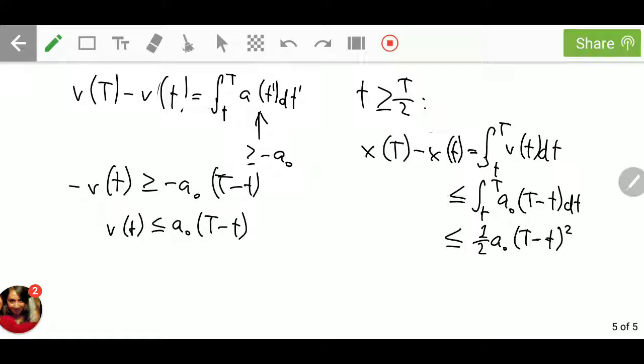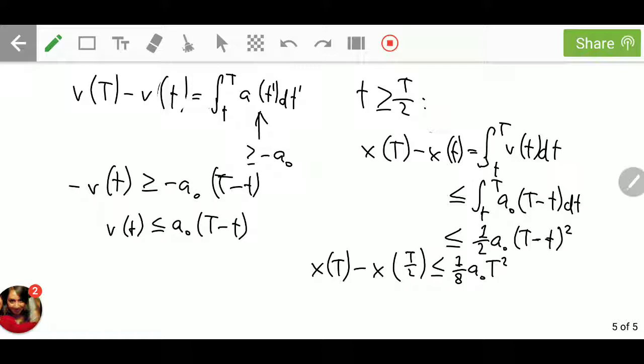And so what we end up getting is that x of T minus x of T over 2 is less than or equal to 1/8 a naught T squared.